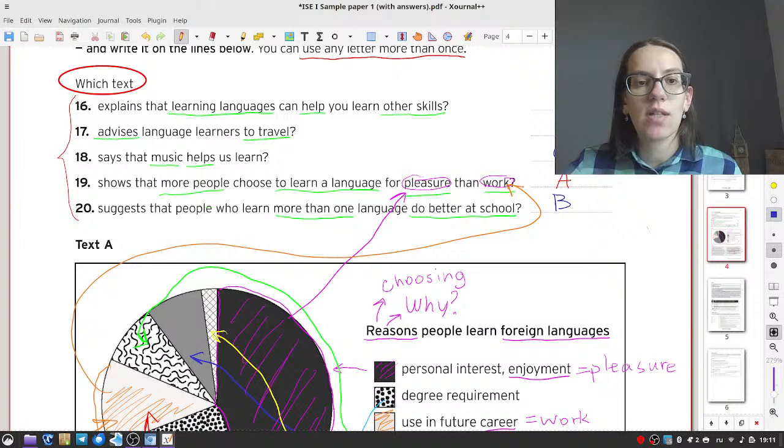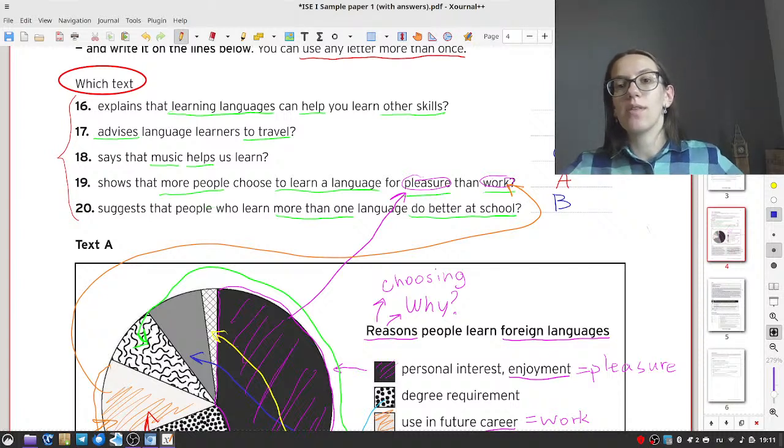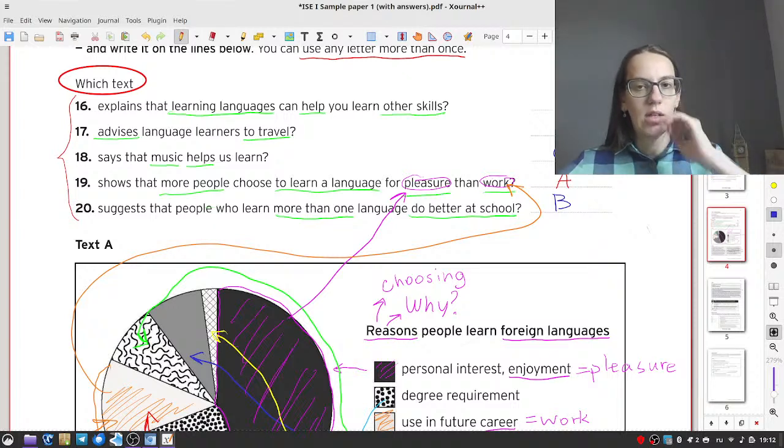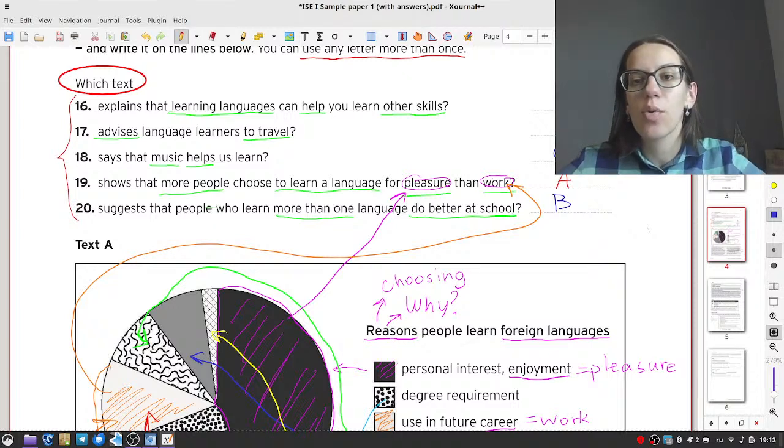And does it suggest that people who learn more than one language do better at school? Well, no, it only suggests that people who listen to some language examples in the form of a song, they do better at learning the language, not in general better at school.